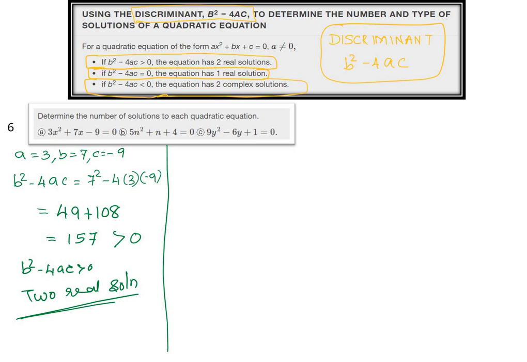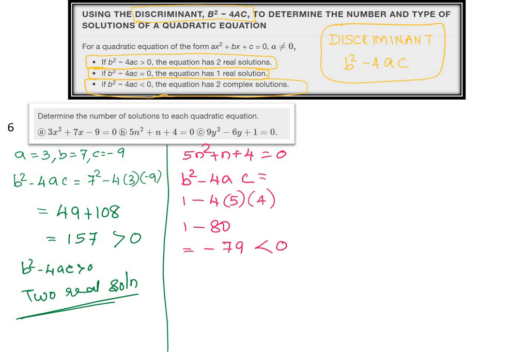Now let us move on to the next one, 5n square plus n plus 4 equals 0. Again b square minus 4ac. b is 1 here, so 1 square minus 4 times 5 times 4. That is 1 minus 80, which is negative 79, less than 0.